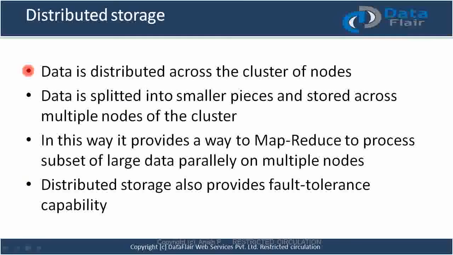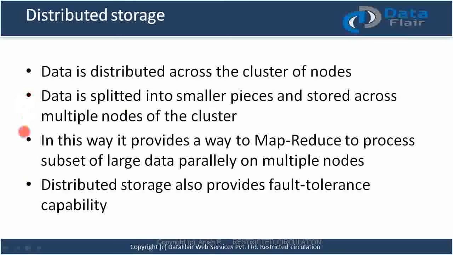So guys, distributed storage. Data is distributedly stored across the cluster of nodes. As I told you earlier, Hadoop tries to distribute the data as much as possible. Your data is first split up into small pieces and stored across multiple nodes.